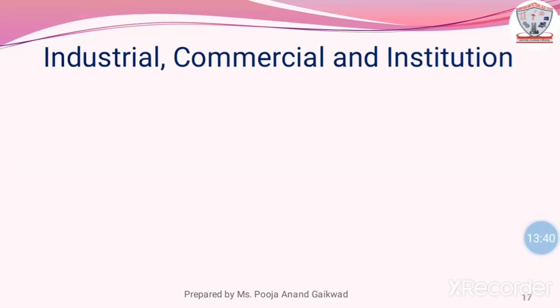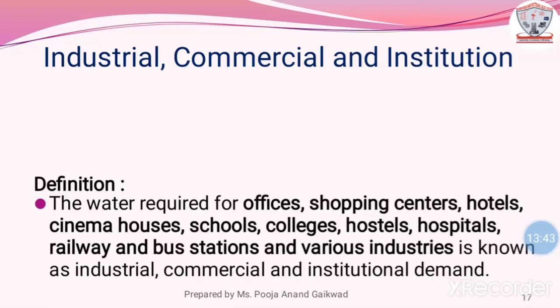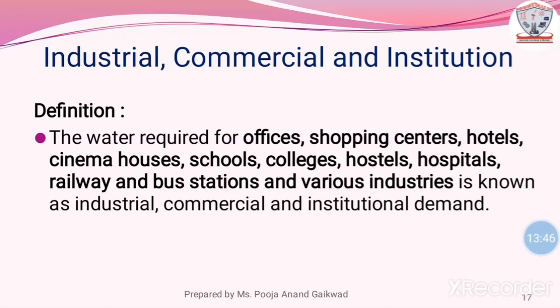Industrial, commercial, and institutional demand. Definition. The water required for offices, shopping centers, hotels, cinema houses, schools, colleges, hostels, hospitals, railway and bus stations, and various industries is known as industrial, commercial and institutional demand.